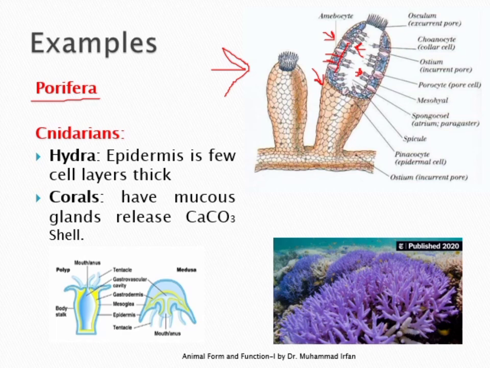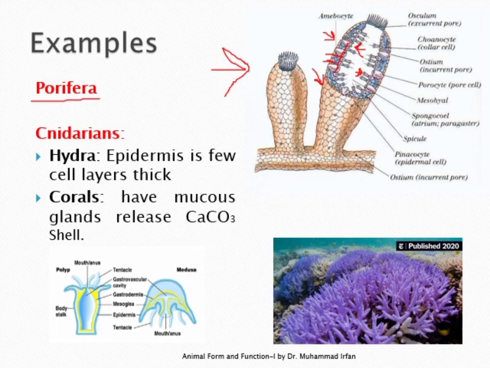In the case of cnidarians, hydra is the example. The epidermis of the hydra, that is the integument, is a few layers thick, and the corals have this epidermal layer with modified cells that release calcium carbonate. This calcium carbonate makes the shells of the corals.